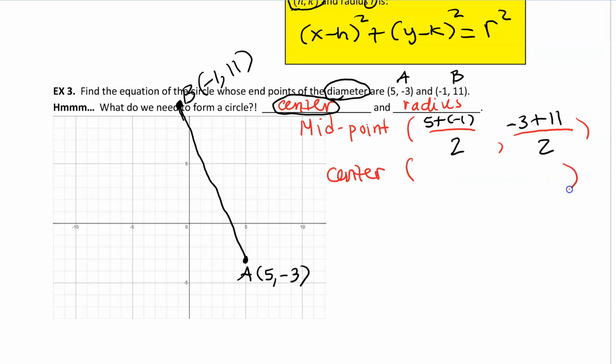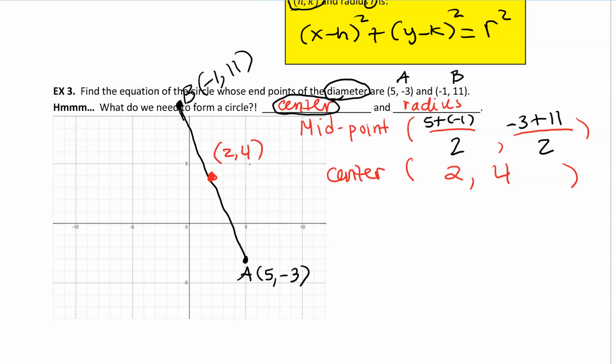Do the computation here. 5 minus 1 is 4 divided by 2 is 2. Negative 3 plus 11 is 8 divided by 2 is 4. My center is at 2, 4. Right there. There's my center, 2, 4.